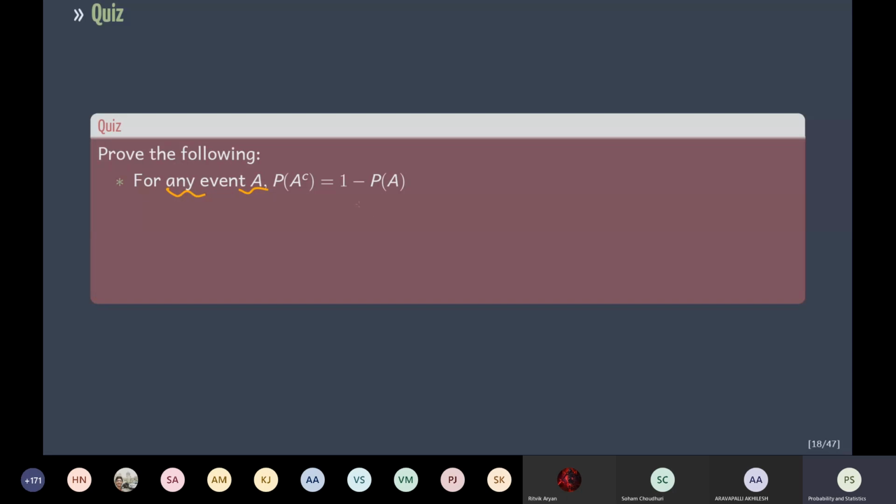So what can be invoked here? What we know is that the sample space has to be A union A complement. Okay, because A complement will include all the remaining things, so the sample space will be A union A complement. We know from the axioms of probability that the probability of the sample space is 1. So this implies the probability of A union A complement is 1.